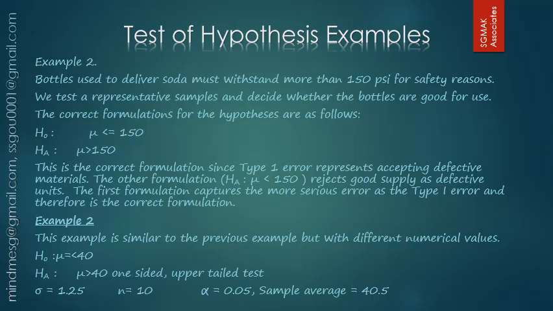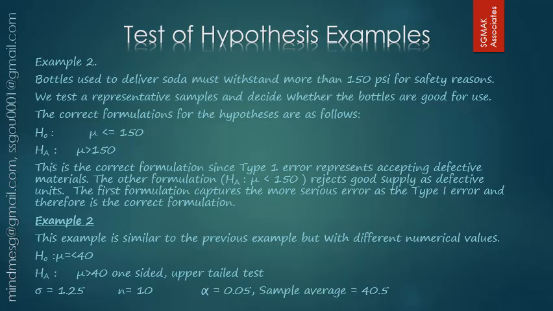And so here's an example. I want to use a bottle to fill with soda, and the bottle must withstand more than 150 psi for safety reasons. So the question is, which formulation is correct? Null mu less than or equal to 150, alternate mu greater than 150, or the alternate is mu less than or equal to 150 and the null is the complement.